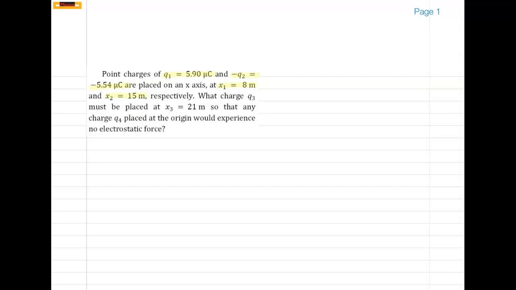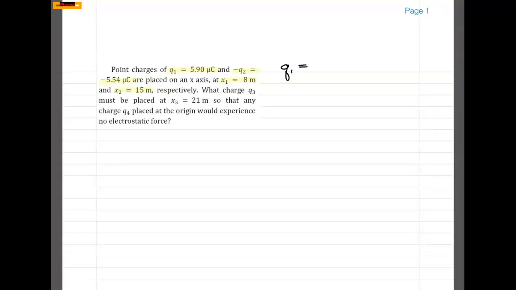So this tells you to list some givens, namely Q1 is equal to 5.90 microcoulombs. We can keep the micro for now. We don't have to convert it to scientific notation. And Q1 is located at the coordinate x1 equals 8 meters.